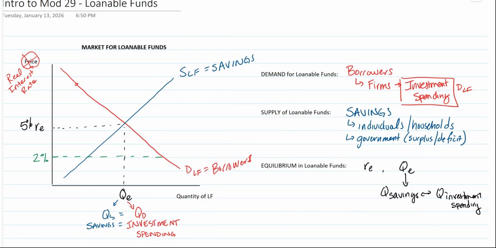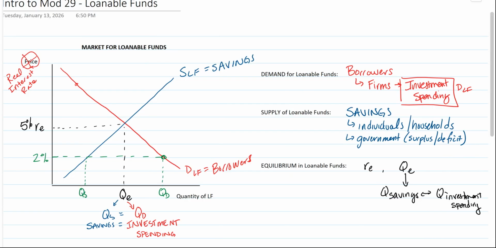Well, one thing we can see happens is that the quantity demanded, the number of dollars that people want to borrow, would be very, very high, because at a very low interest rate, everyone would be interested in going out and buying a house or buying a car and demanding those loanable funds. But not many people would be interested in saving their money.